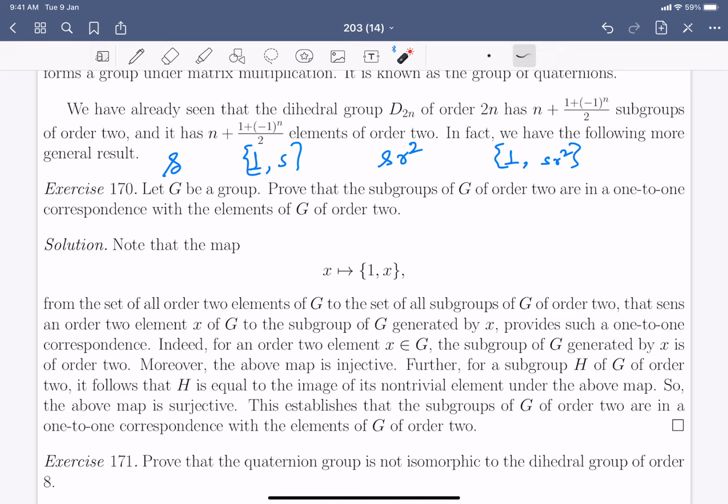I do not mean that the dihedral group has got order 2; the subgroup has order 2. Anyway, the same strategy works in the more general situation also. You start with an element X of order 2 and send it to the subgroup of G generated by that element X.